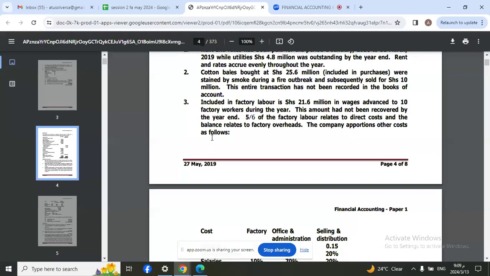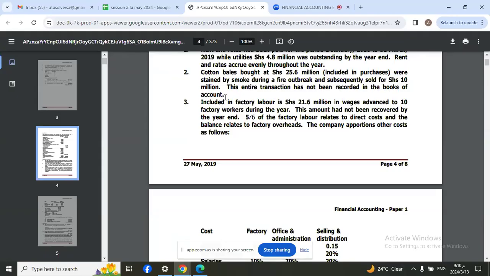because they are saying that the cotton bales bought at 25,600 included in the purchases were stained by smoke during a fire outbreak, subsequently sold at 10 million. This entire transaction has not been recorded in the books of accounts.